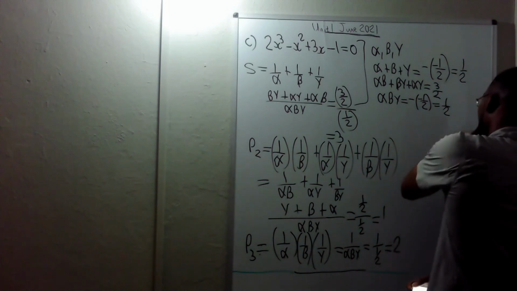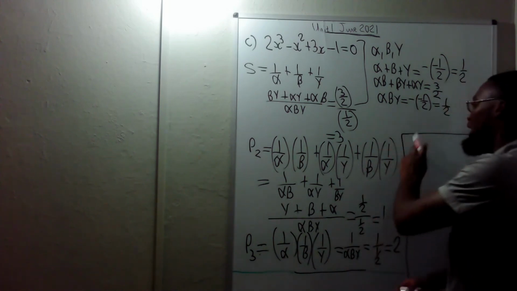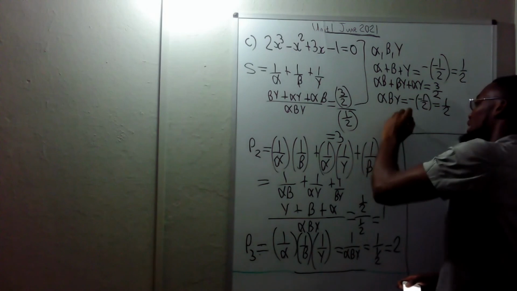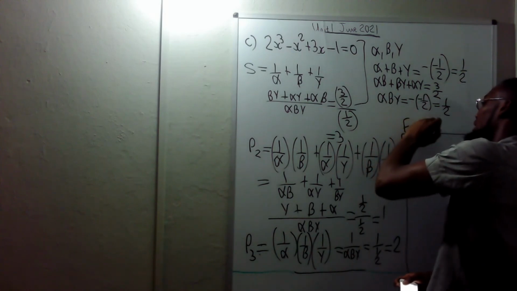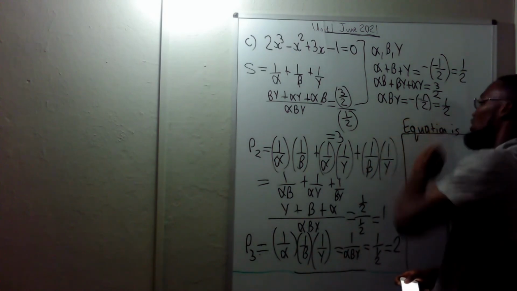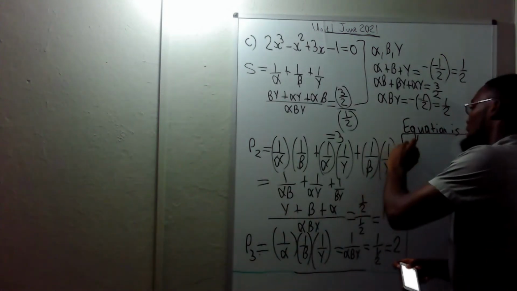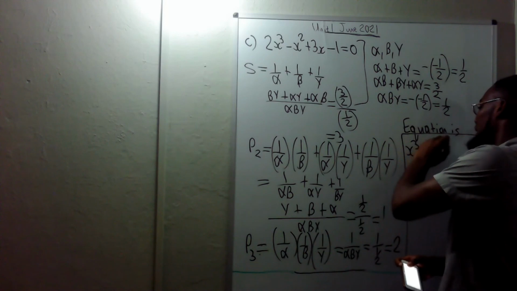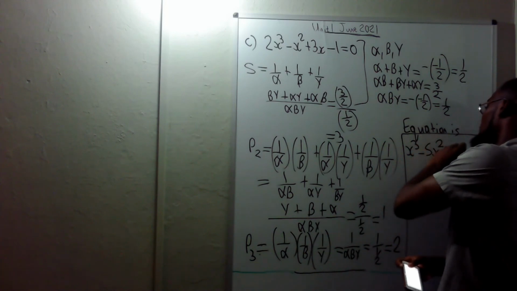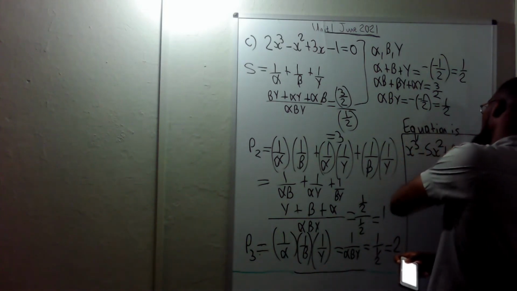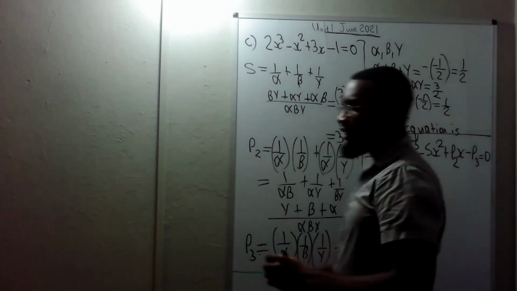So since that is what we end up getting, the equation is, remember the equation of a cubic is x cubed minus the sum of the roots times x squared plus the product of the two roots times x minus the product of the three roots equals 0.